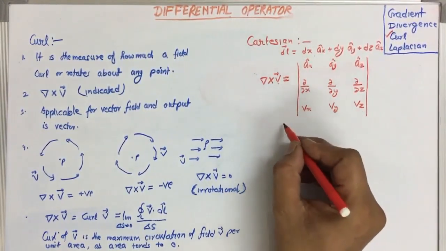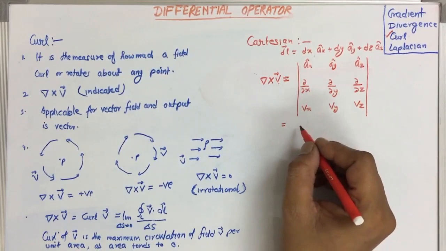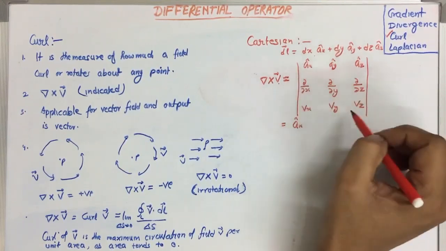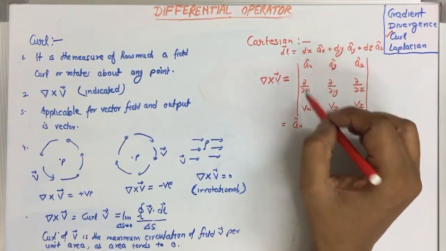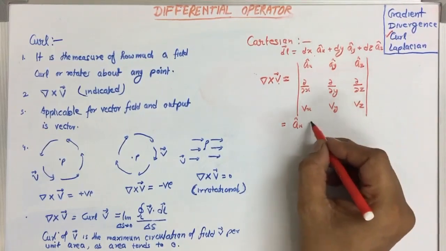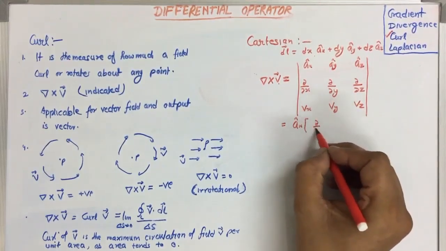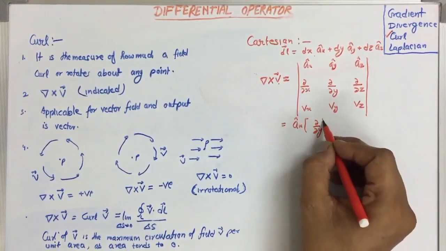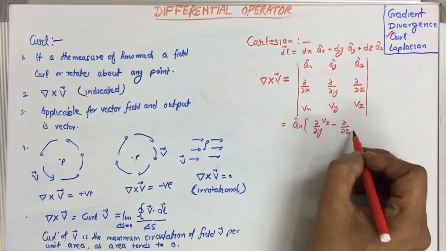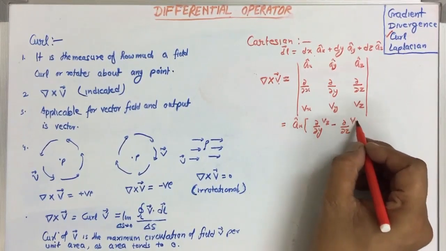Now just for simplicity, try to find the determinant here. Then that will be, for this minus this, del over del y Vz minus del over del z Vy, multiplied by ax.